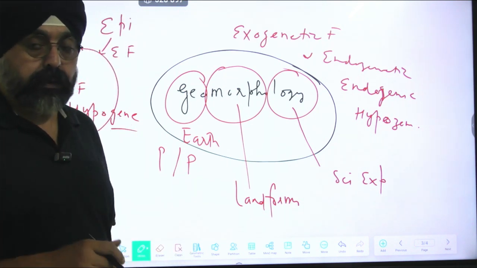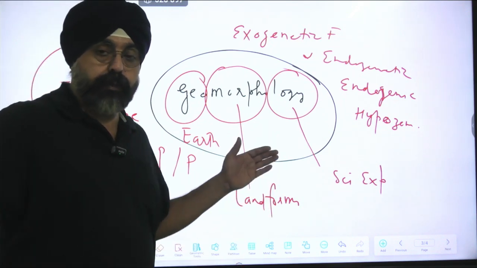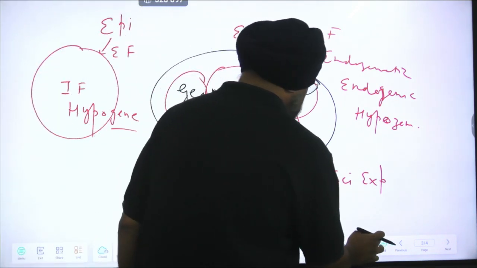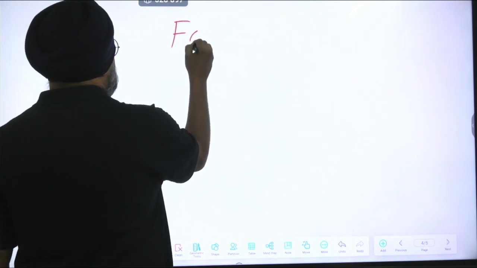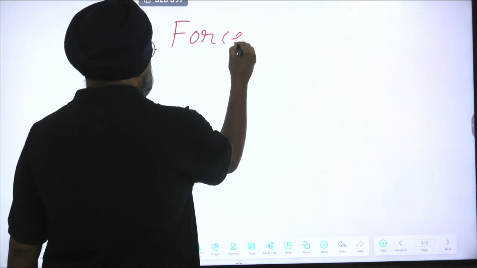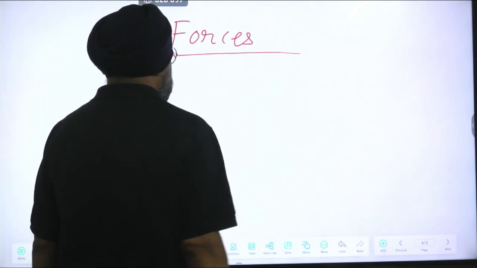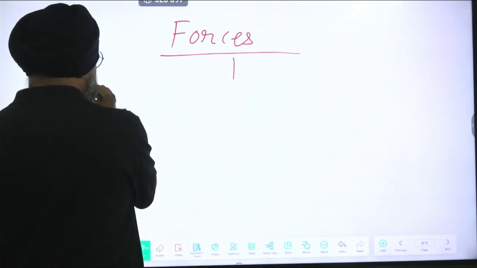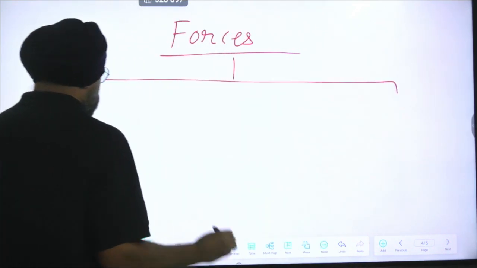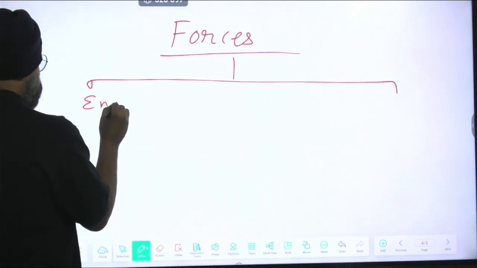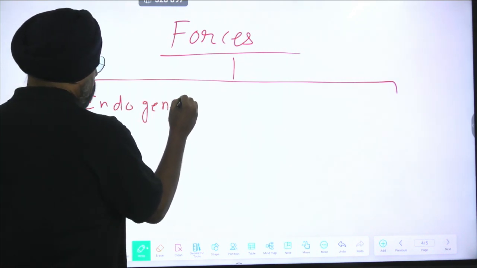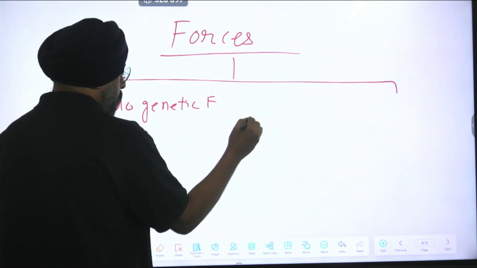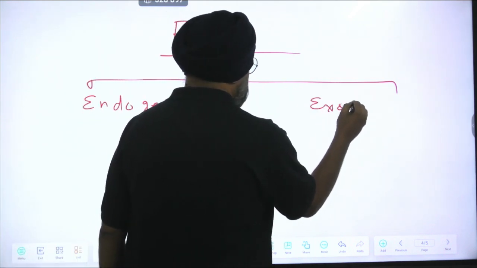Now let's come to the last part of geomorphology that we have to cover today. And this is the forces, and it's going to be a 2 page diagram. We have 2 types of forces. We have endogenetic forces and we have exogenetic forces.